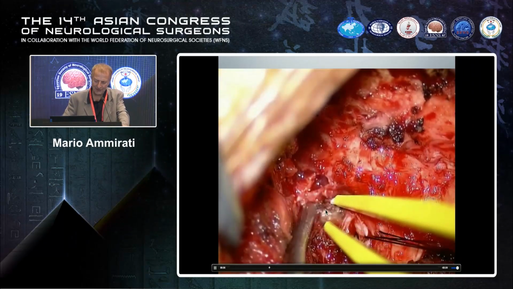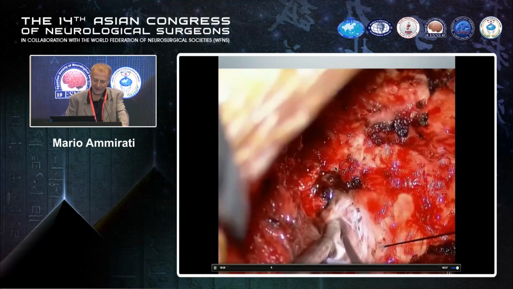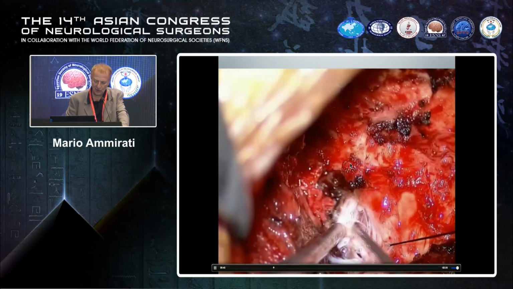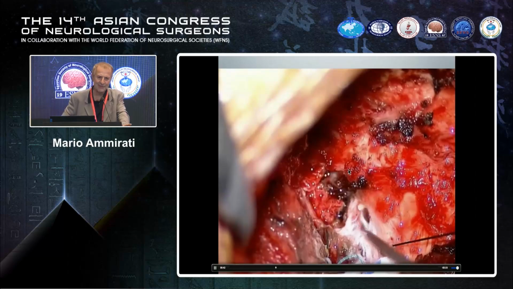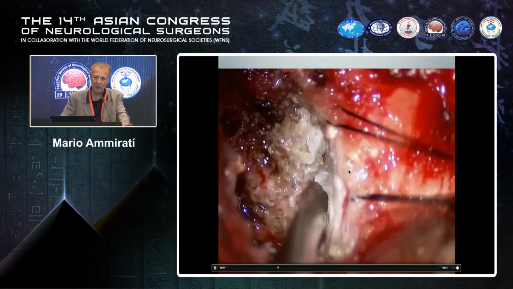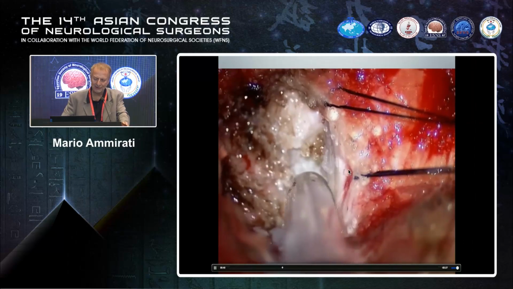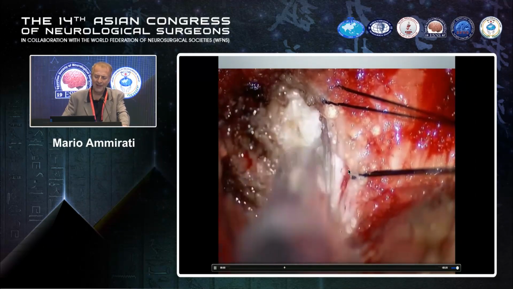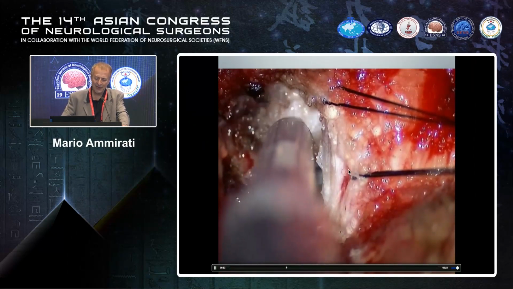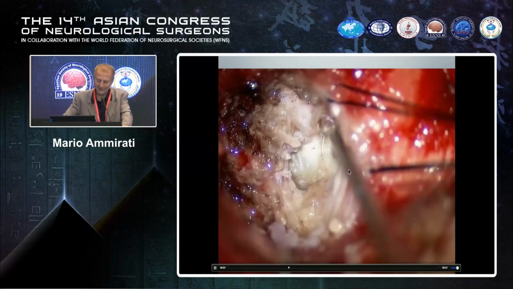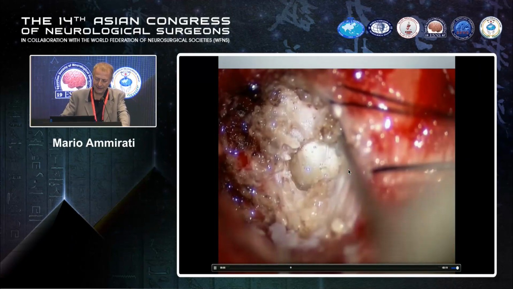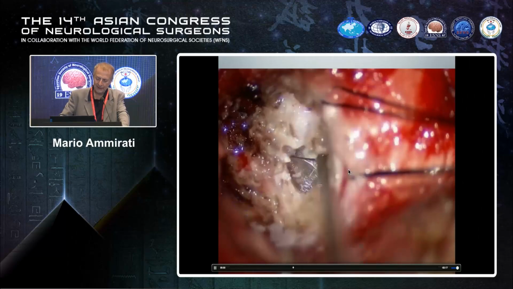So you can really be very lateral. And again, the horizontal portion of the occipital squama, and that may seem very simple. But if you don't remove the horizontal portion of the occipital squama, then you cannot go as lateral as we are able to go in all these cases that we are showing here.